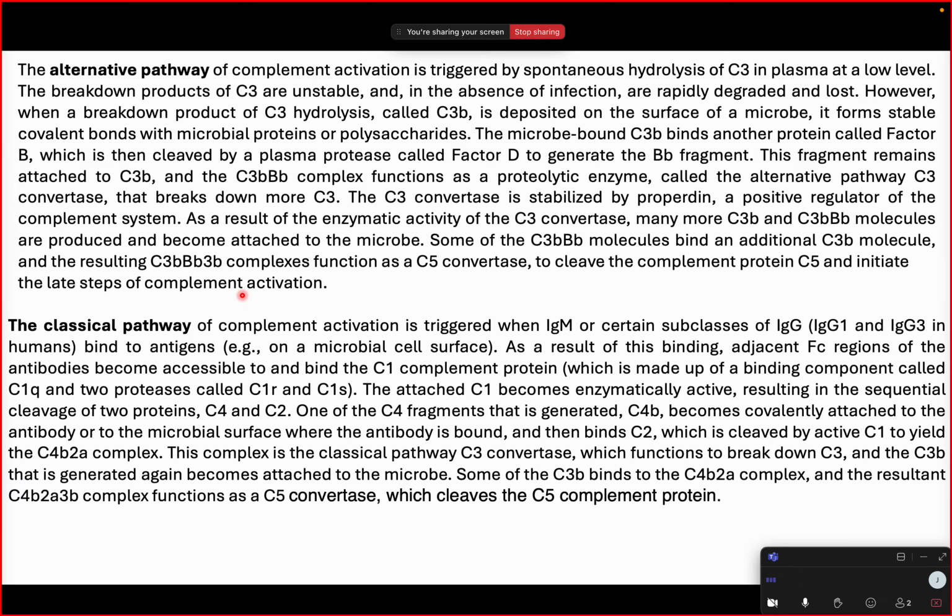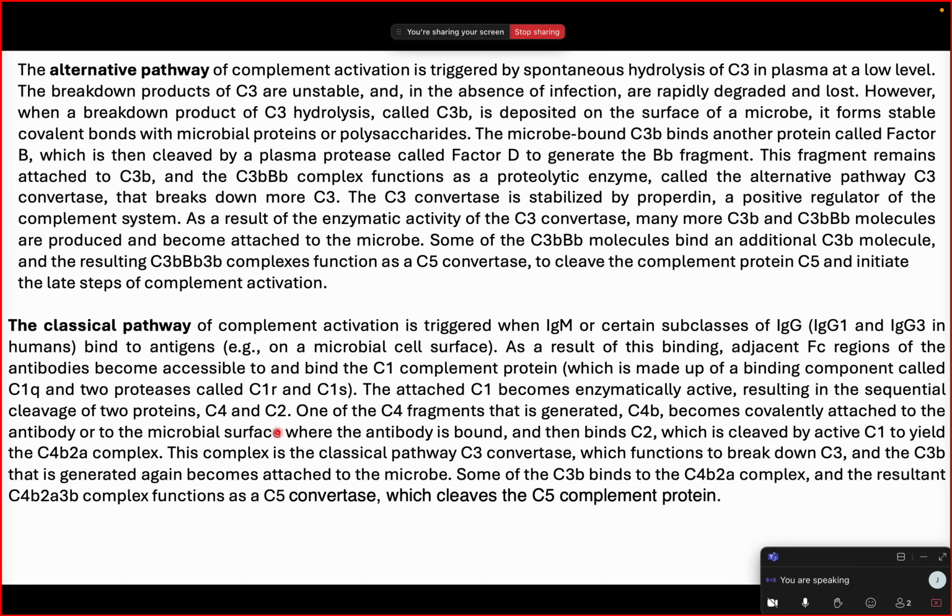As a result of this binding, adjacent Fc regions of the antibodies become accessible to and bind the C1 complement protein, which is made up of a binding component called C1q and two proteases called C1r and C1s. The attached C1 becomes enzymatically active, resulting in the sequential cleavage of two proteins, C4 and C2.